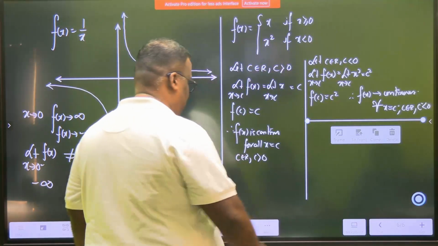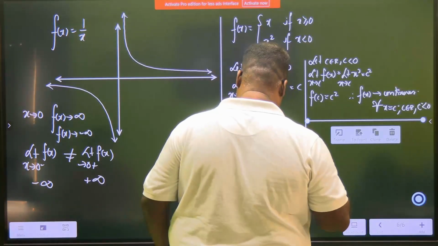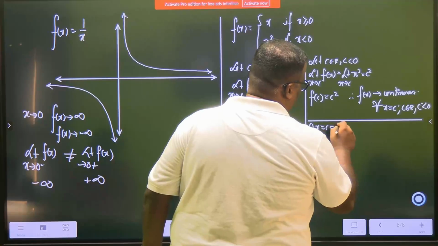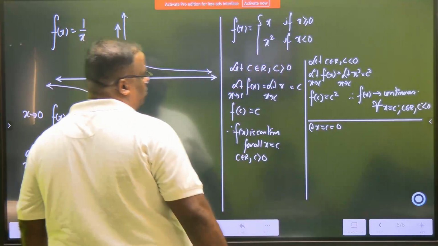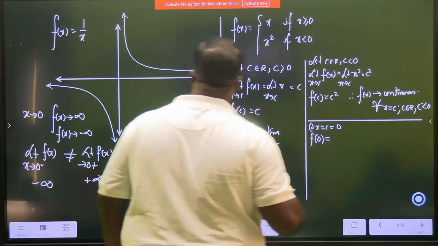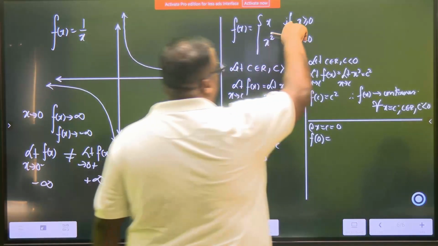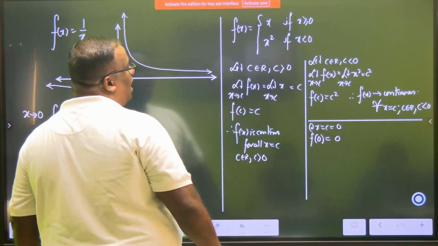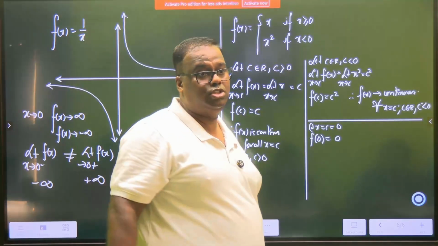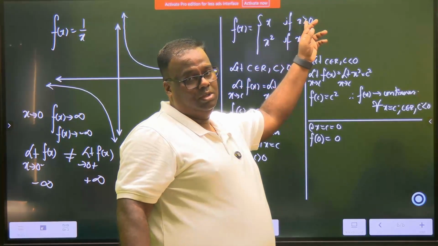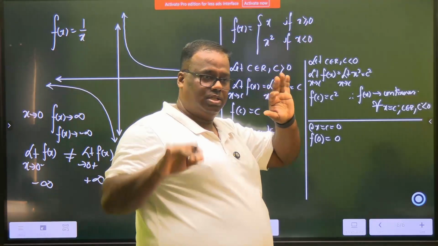Right? Now we are checking at x equal to c equal to 0. What is the value of f of 0? What value will we take for f of 0, children? This value, 0. But the limit you can't take that way, because there are two definitions. This is the function value, but 0 can be approached from both sides, and those are two different things.